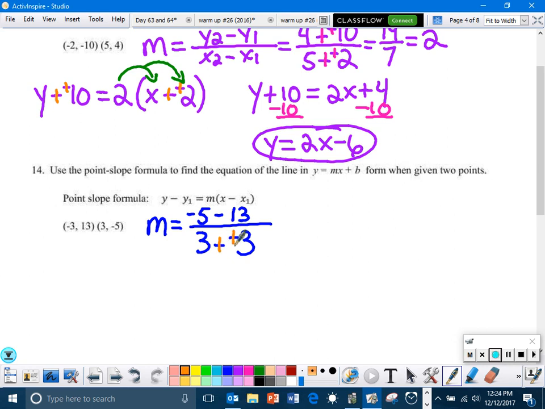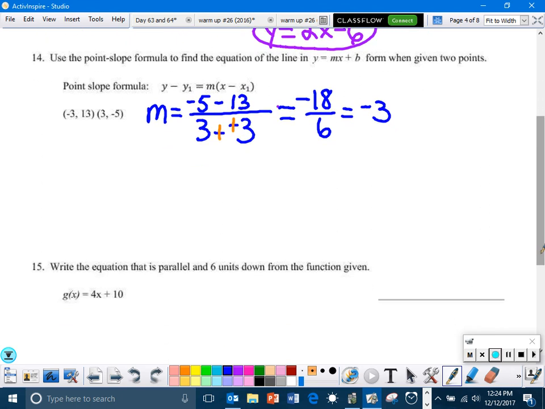The top does not change. All right, subtract. Negative 5 take away 13. That should be negative 18. 3 plus 3 is 6. Simplify that, and I believe we get negative 3. So the slope is negative 3.